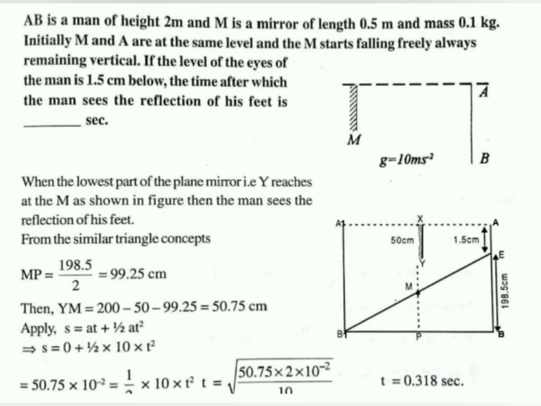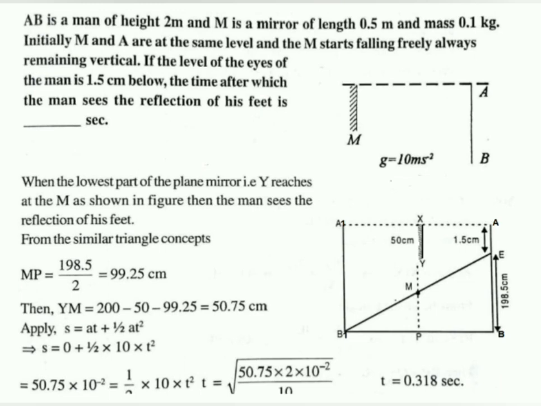The distance from E to B by the distance from M to P should be equal to B dash B by B dash P. Since B dash B and BP are equal distances, that means B dash P is double of BP, we get the M to P distance as 99.25.